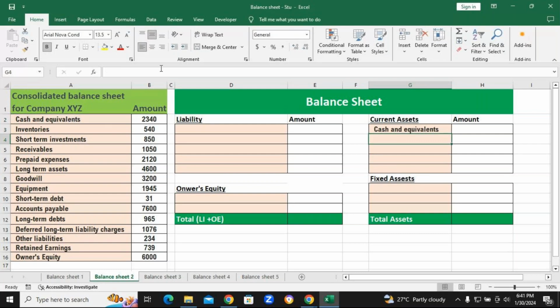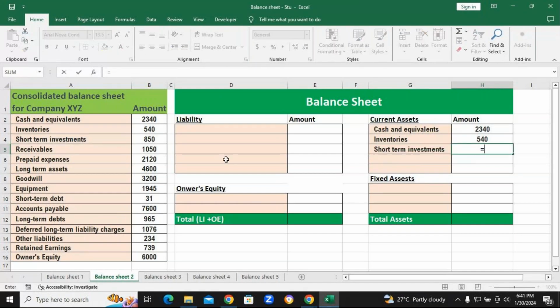So I'll take the value as well. Then inventories. So I'll take the values. It is short-term investments. Then we have receivables.